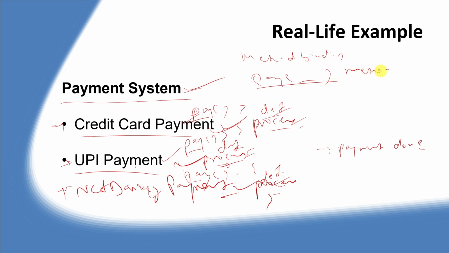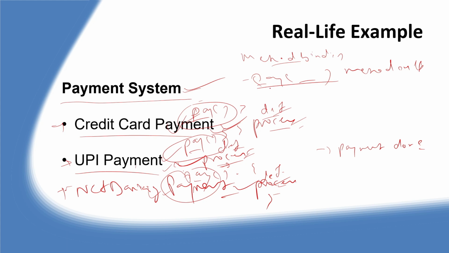Now the question comes: out of these three methods, which method will get called? This is the method call, these are the method definitions, and method binding is linking the method call to a method definition. But out of these three, which definition will link to this method call? That is the question.